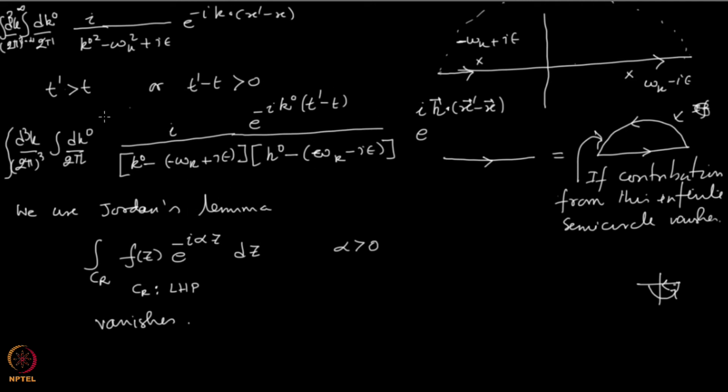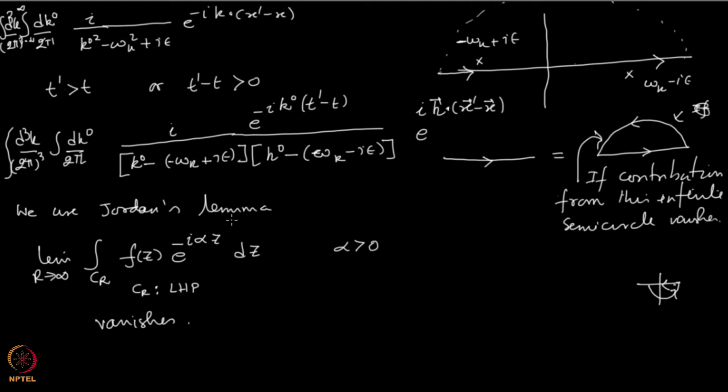Then this integral over k naught is going to vanish over the semicircle in the lower half plane, if you take that semicircle to be of infinite radius, limit r going to infinity, where CR is the semicircle of radius r.